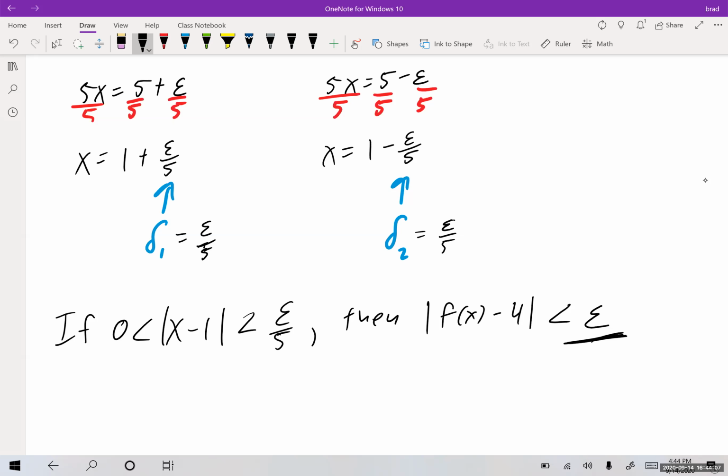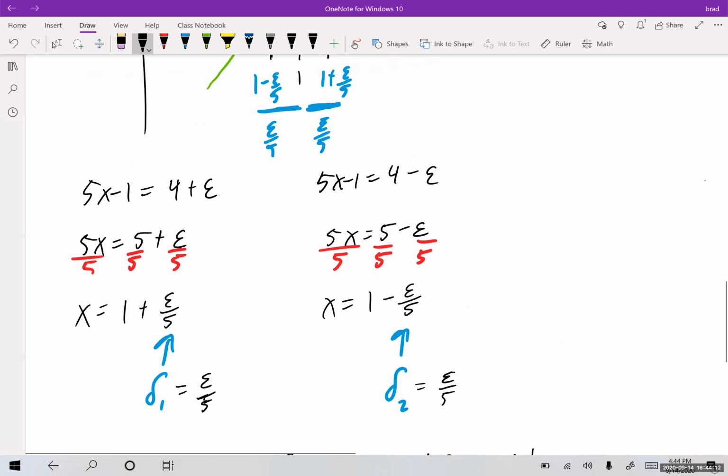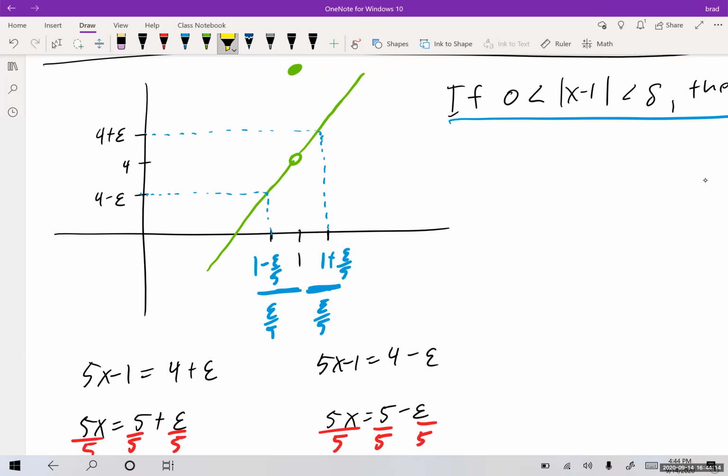So whatever distance you want, I'm just going to divide it by 5, and that'll guarantee me that I can be within this window right here. I'm creating this window that guarantees I can get you to any distance within a certain value that you wanted. You want to be within an epsilon of 4 right here? Well, no problem. As long as you let me use 1 minus epsilon over 5 and 1 plus epsilon over 5, I'll always get you there. I'll always get within that distance.